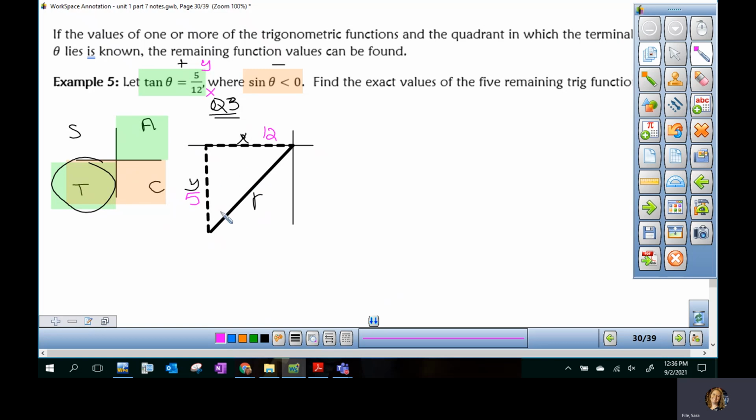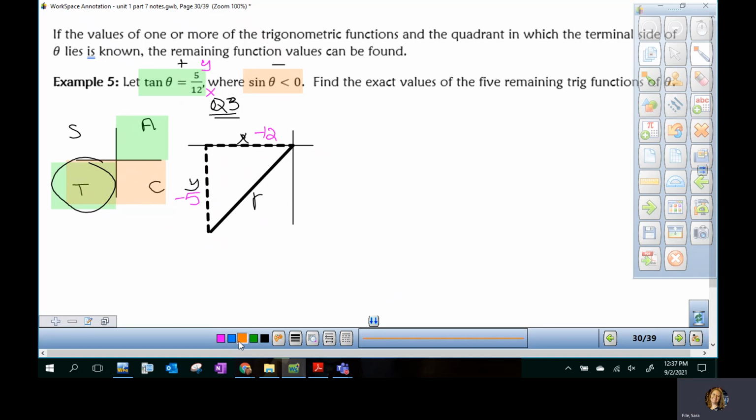Because I'm in quadrant 3, what do I know about both of those numbers? They're both negative. To get to quadrant 3, I had to go left and down. So that's negative, negative. That's why tangent's positive, because the negatives cancel each other out to become a positive. Does that make sense? So x is -12, y is -5.